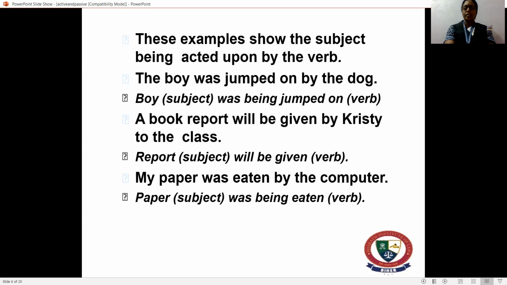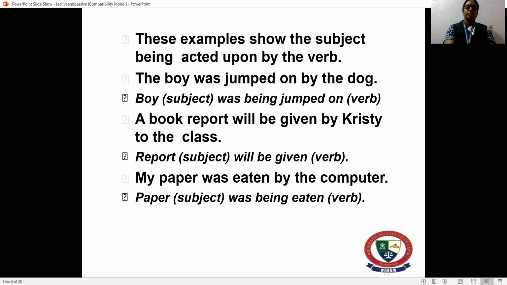Now let us see certain examples. These examples show the subject being acted upon by the verb. For easy understanding, I have used the same examples that I have given for active voice. The boy was jumped on by the dog.